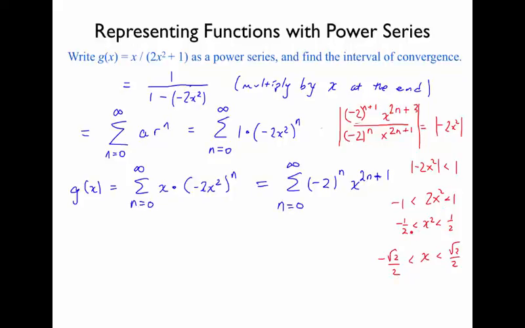So what we could have done is this. This has to be positive, because it's squared. So what x values give you between 0 and 1/2? Well, negative radical 2 over 2 to positive radical 2 over 2.